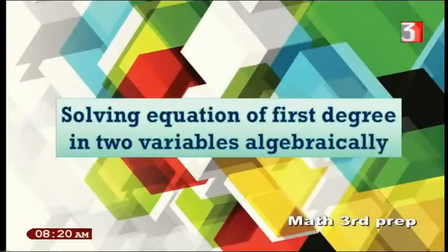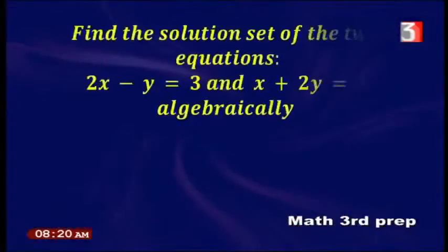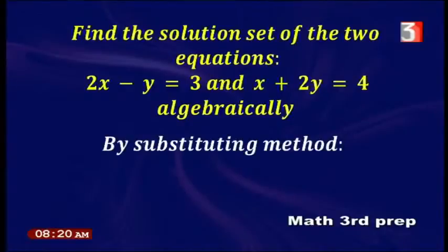You are going to obtain the same answer by using the two methods. First of all, we are going to use the substituting method. You have x plus 2y equals 4 and 2x minus y equals 3. How can you solve them algebraically? First of all, by the substituting method, as x plus 2y equals 4, you can find the value of x as its coefficient is 1.